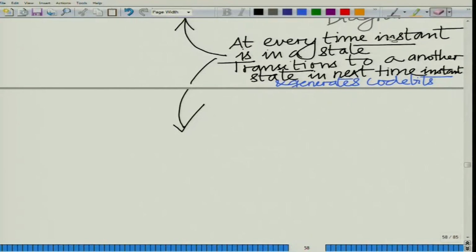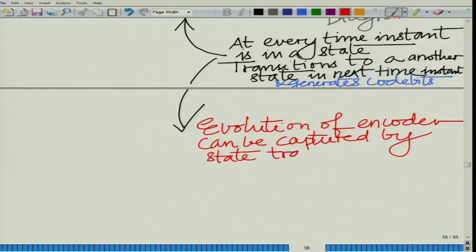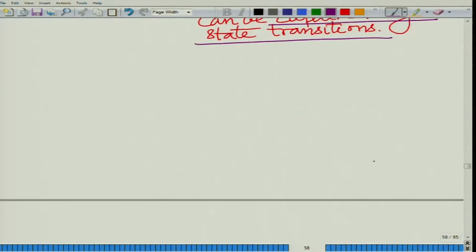So the evolution of the encoder can be captured by state transitions. That is an important point that one has to realize, which are represented by the state transition diagram.